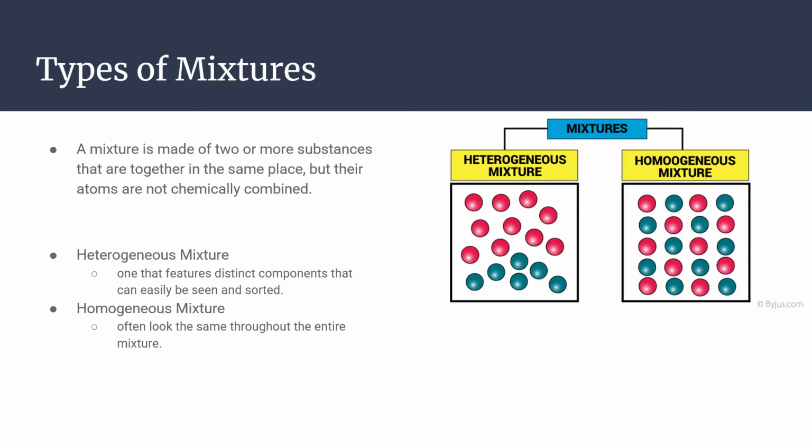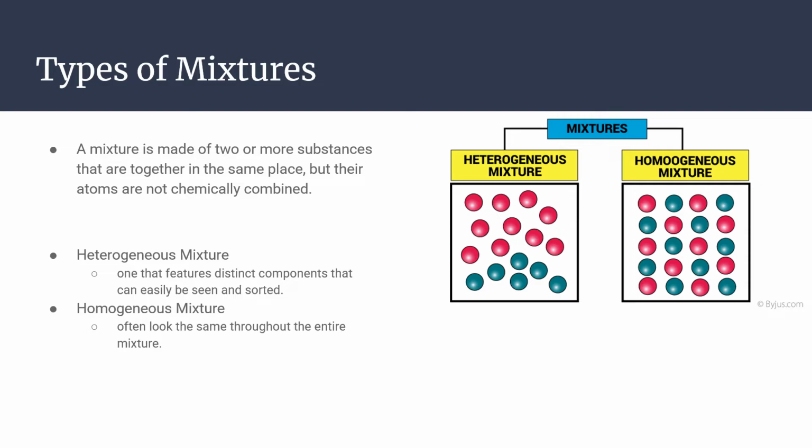Types of mixtures. A mixture is made of two or more substances that are together in the same place, but their atoms are not chemically combined. We have heterogeneous mixtures, which feature distinct components that can easily be seen and sorted. And we have homogeneous mixtures, which often look the same throughout the entire mixture. For a homogeneous mixture, you could think of something like grape Kool-Aid.